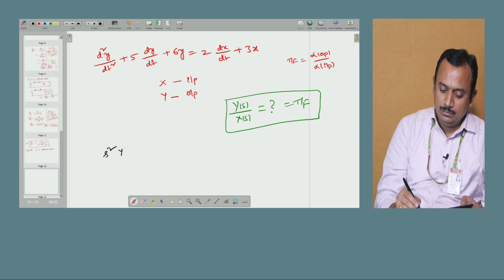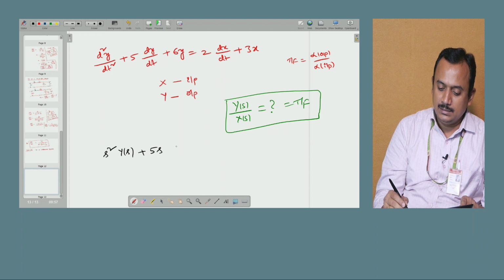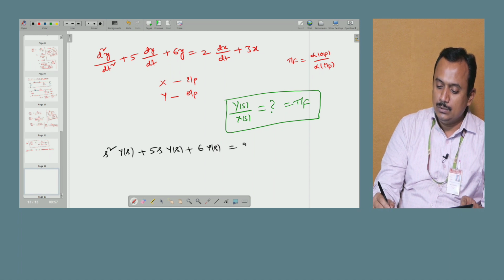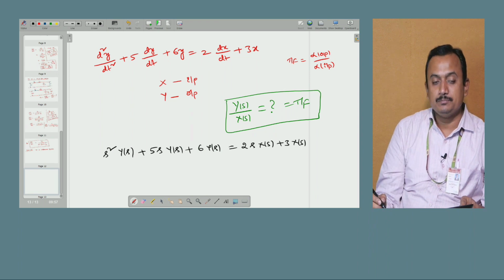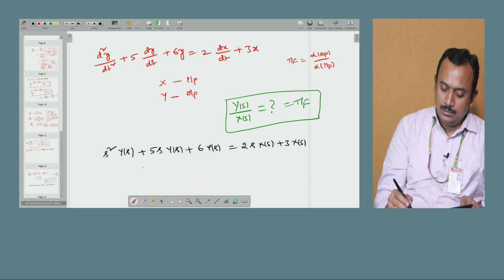So s square into Y of s plus 5s into Y of s plus 6 into Y of s is equal to 2 into s into X of s plus 3 into X of s. Now if I take Y of s common, what I will get?